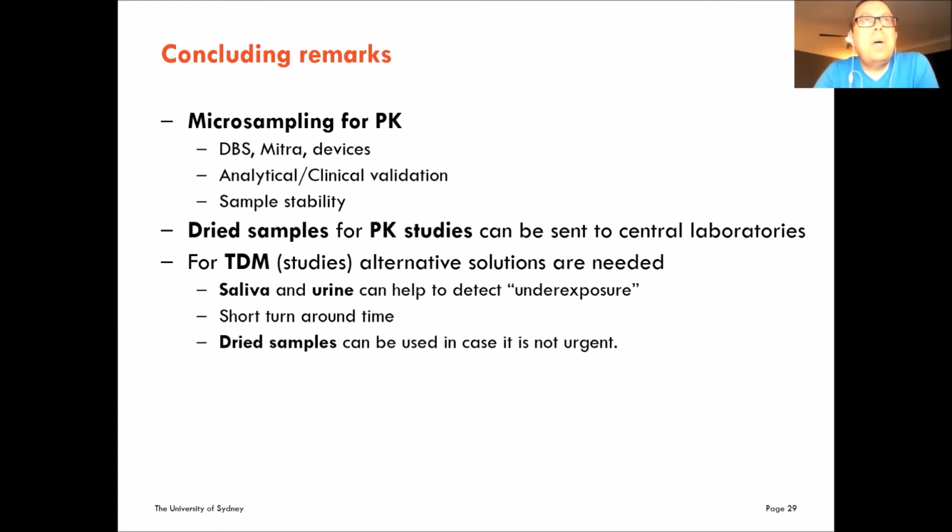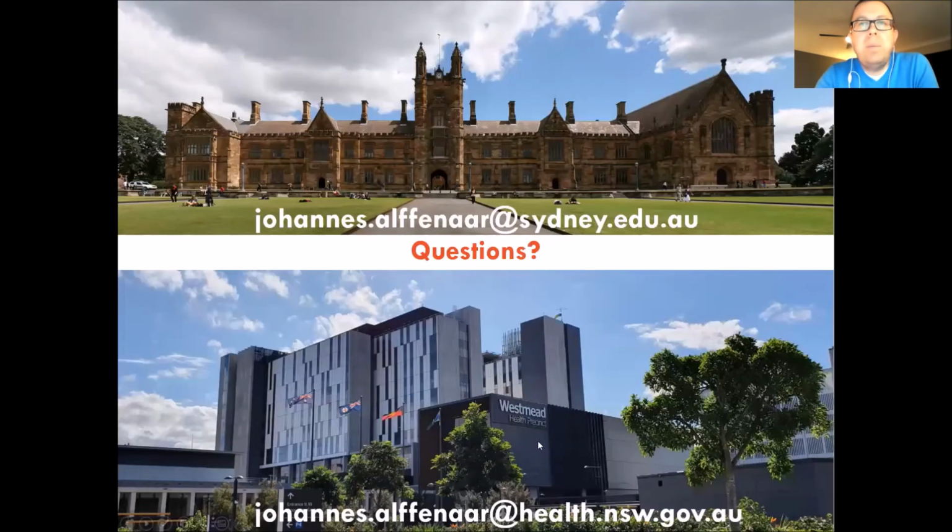But if we're talking about immediate interventions, then of course we need something that is available on the spot. And with that, I would like to conclude my presentation and happy to take any questions.